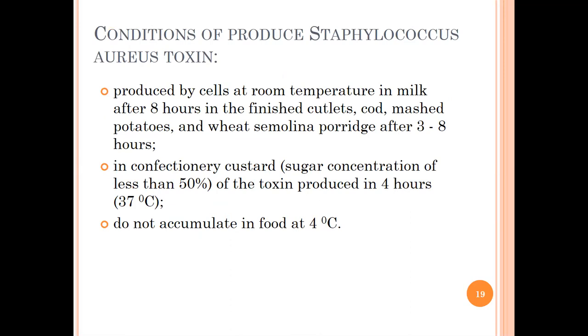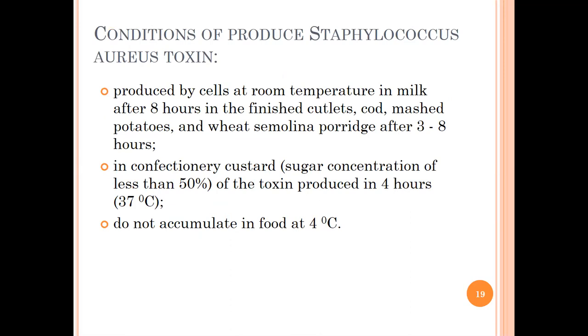So the temperature in milk, for example, room temperature during 8 hours, for example, or in cutlets, in cod and mashed potatoes, and semolina porridge, this time is about 3 to 8 hours.